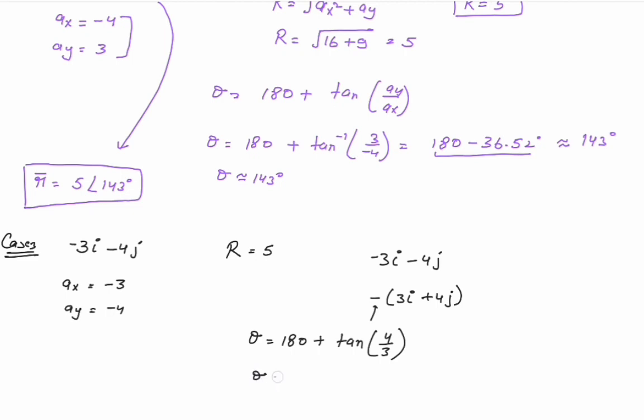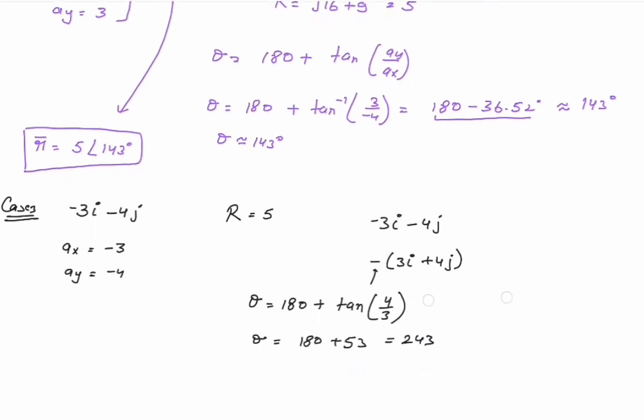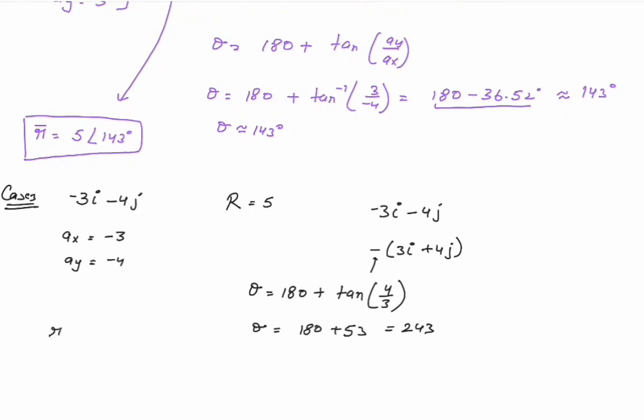It means theta is going to be 180 plus 53, which is 243. Here you can write the vector r is equal to magnitude is 5, the angle is 243 degree. This is the polar form for the given vector.